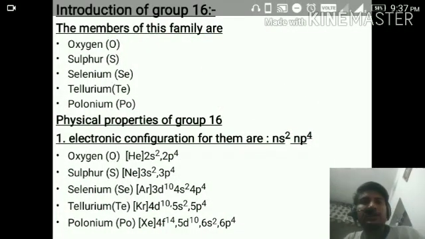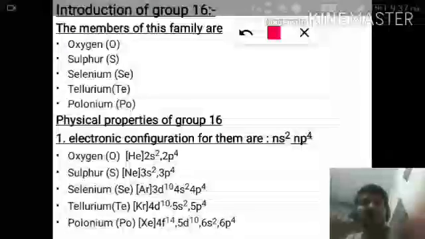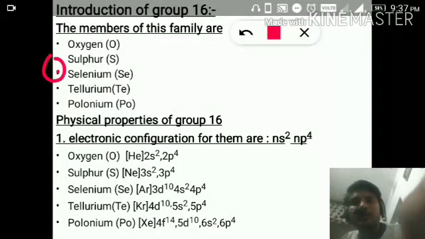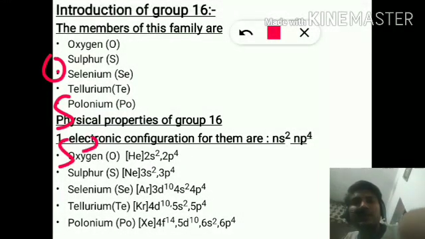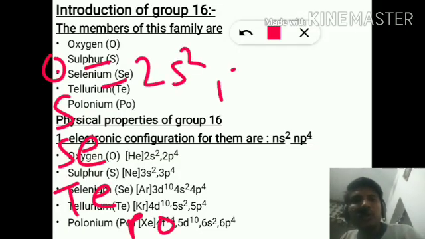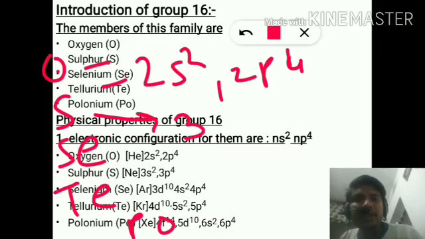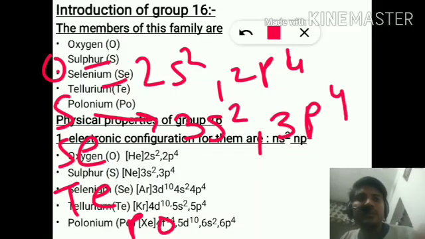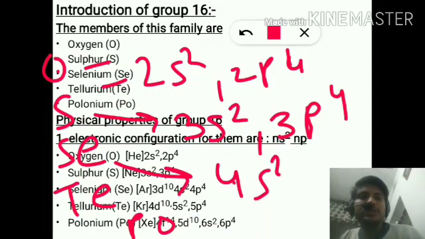So the electronic configuration of oxygen, sulfur, selenium, tellurium and polonium: oxygen is 2s2 2p4, then the electronic configuration of sulfur is 3s2 3p4, and selenium is 4s2 4p4.